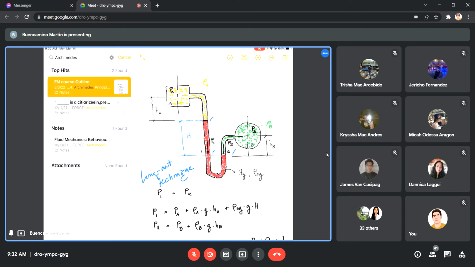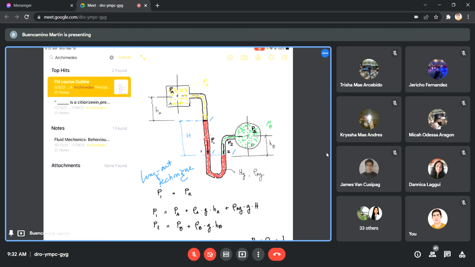But what is the total pressure P1? So our P1 would be PA, that's the pressure of the fluid in the vessel, plus rho A times g times h A, and then we go down until we reach point 1, plus rho Hg times g times h.